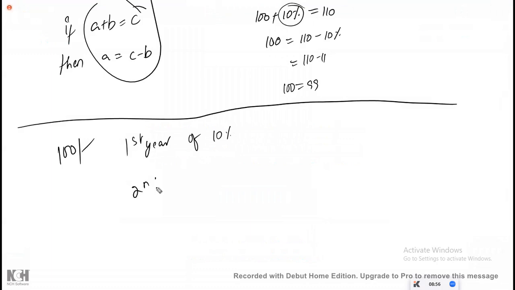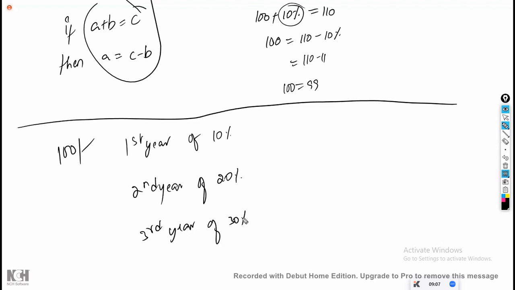Second year, you got a profit of 20%. Third year, you got a profit of 30%. Now, what is the average profit you have got? If I ask this question, everyone will say 10 plus 20 plus 30 divided by 3, which is 20%, which is a wrong answer.